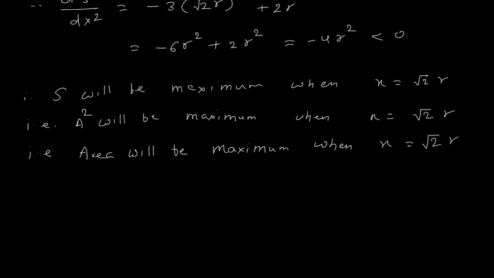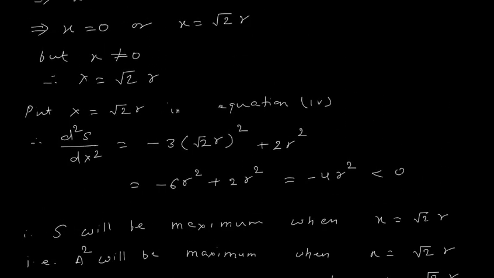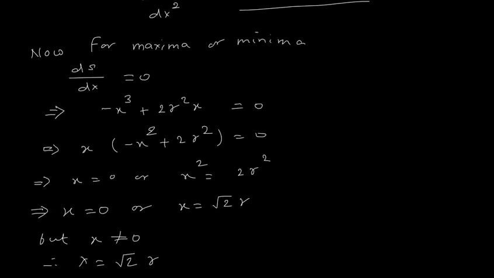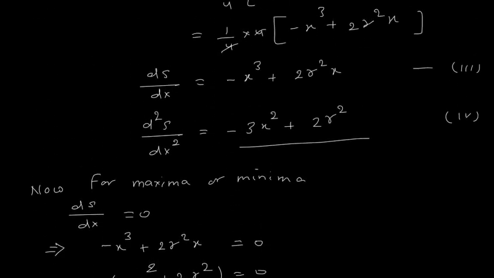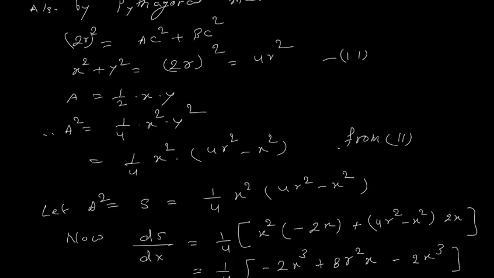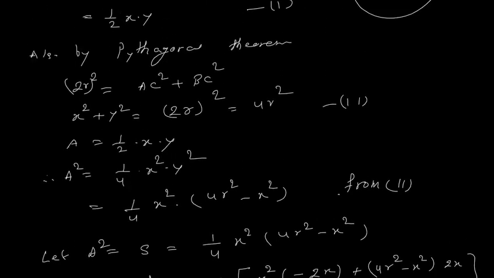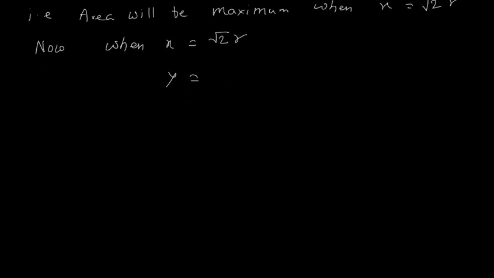Now when x is root 2 r, what is the value of y? So y we have written here, y square is in the beginning, y square is 4r square minus x square.